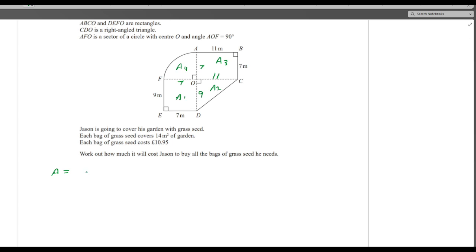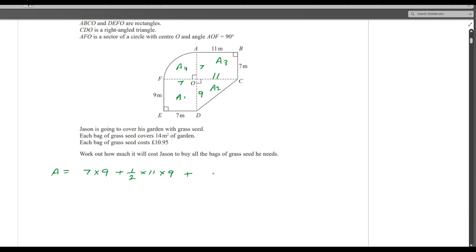Your area A1 is 7 times 9, plus your area A2 is half times your base times your height. Your third area is 7 times 11, and your fourth area, quarter of the circle, is 1 by 4 times pi r square. Now r here is 7, squared.